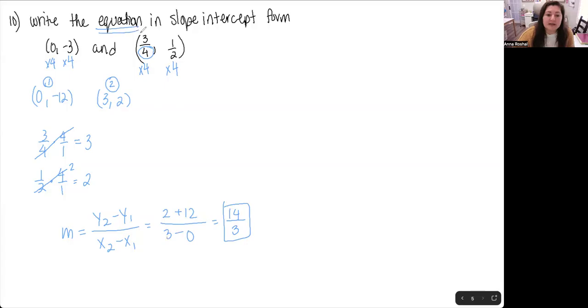But because they're saying write the equation in slope-intercept form, which is just your standard y equals mx plus b, we need a slope and we need a y-intercept, okay? What's really nice about this particular question is that you can just take this point and say, hey, that's my y-intercept.